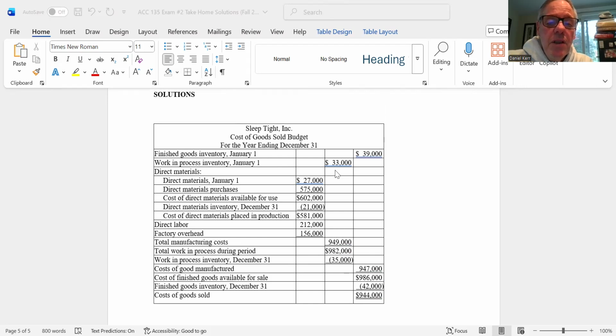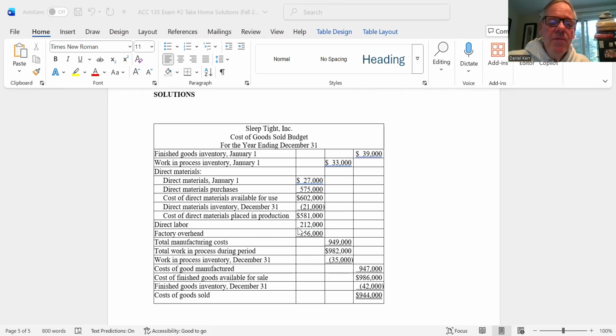To do that, you take the beginning work in process, then you have to figure out the amount incurred for materials, labor, and overhead. For materials, it'd be the beginning inventory of raw materials, plus the raw materials purchases gives us the raw materials available for use. Subtract out the ending raw materials, and that gives us the cost of materials placed into production.